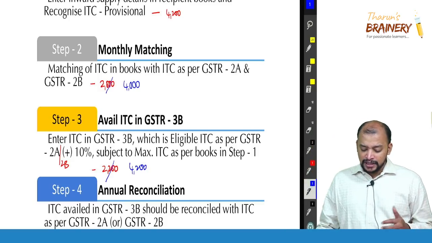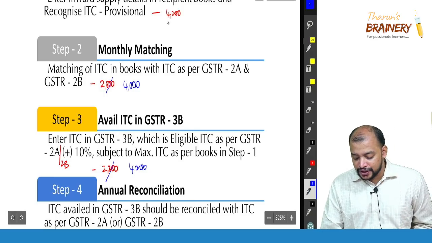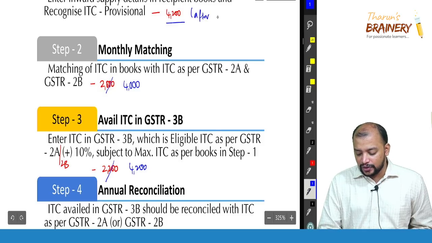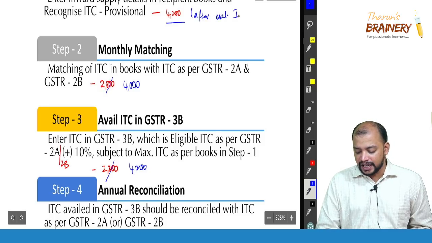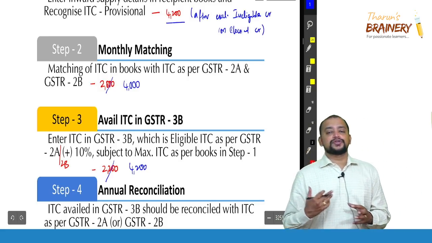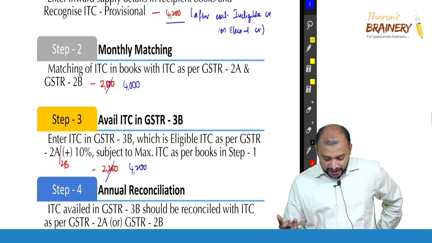For example, if the credit that we have availed in the books is 4,200, this 4,200 is after excluding ineligible credit or blocked credit.